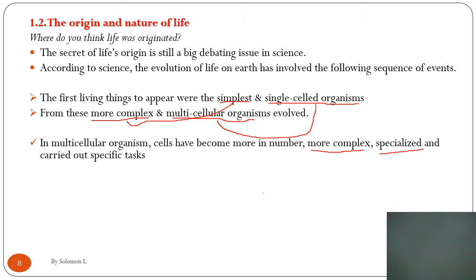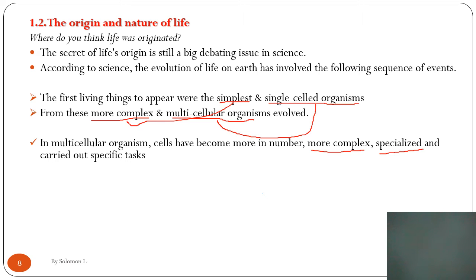In general, these cells in multicellular organisms are many in number. They are complex in their nature, as well as specialized for a special purpose. This is a big difference between simple single-cell organisms and multicellular organisms.